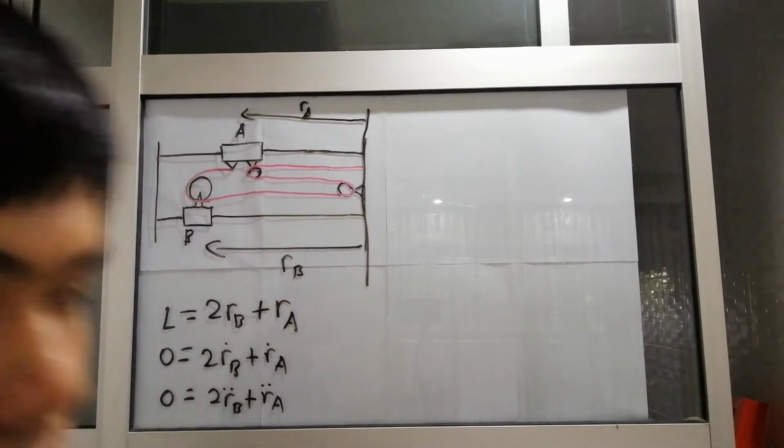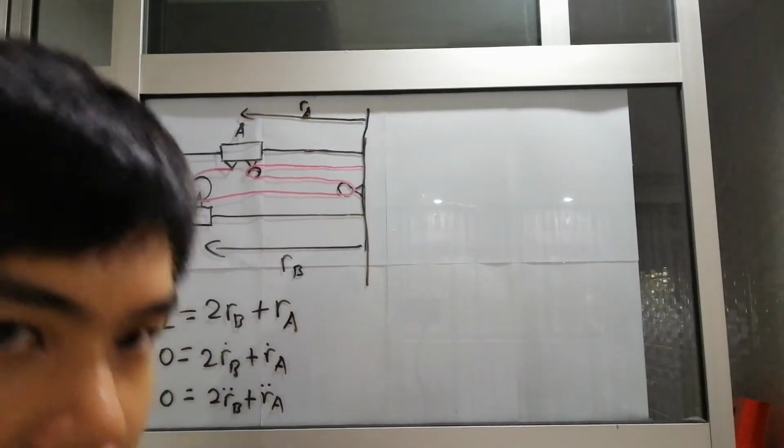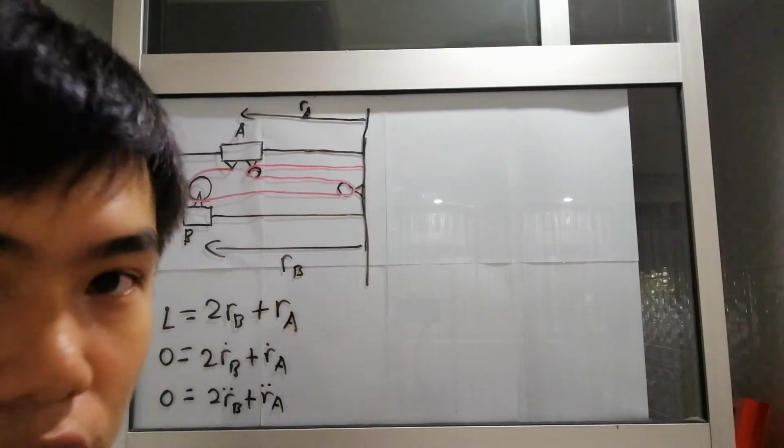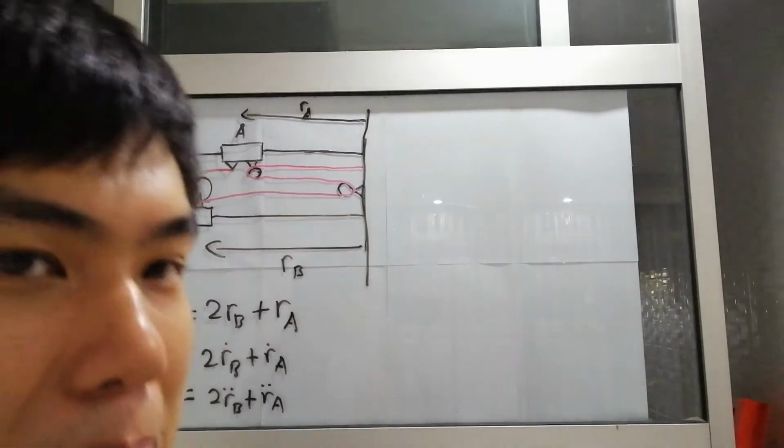Now, here's the interesting part. What is ṙ_A? To be honest, this is actually not really the differentiation of the displacement or the velocity. It's actually the differentiation of the magnitude of the velocity.